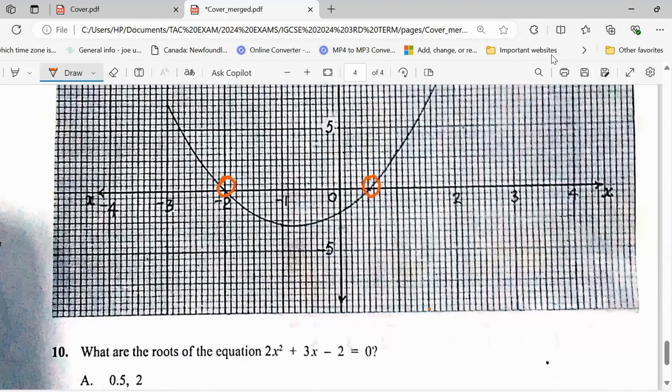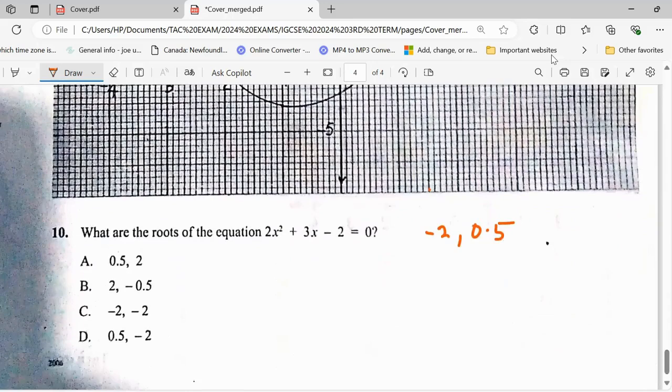What I can see there is -2. And of course, look at this: this is -1, this is -0.5, this is 0, this is 0.5, 1, 1.5, 2. So this is 0.5. That will give me the root. So for that equation, I have -2 and 0.5, which is option D.